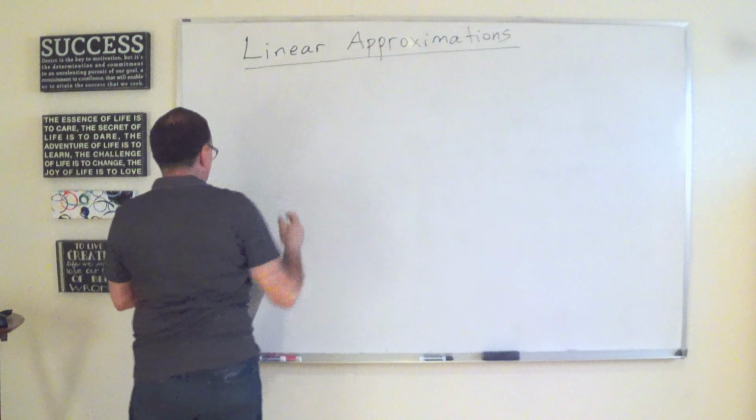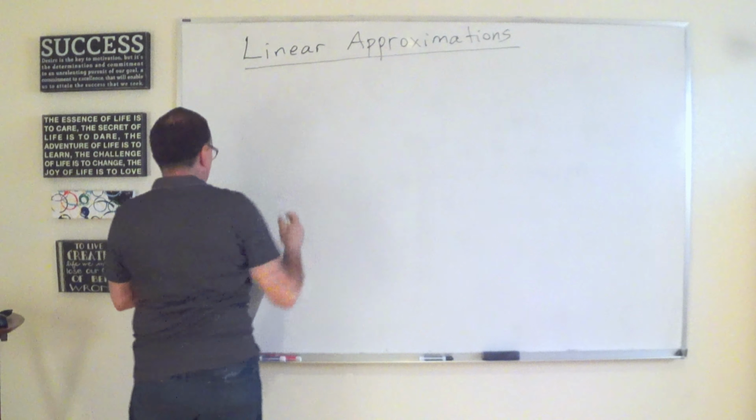But in this specific situation, x1 is a, y1 is f of a, and the slope is the slope of the tangent line, which is the derivative, f prime of a. So this is what goes for m.